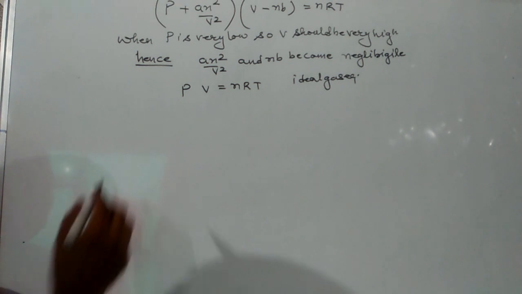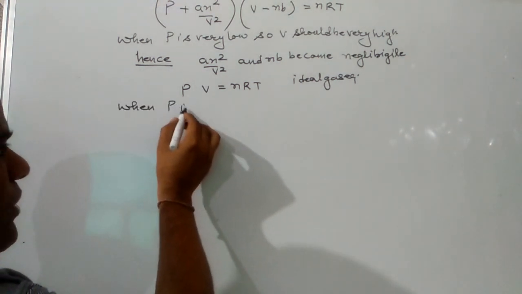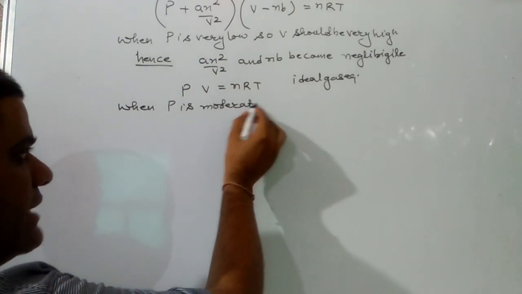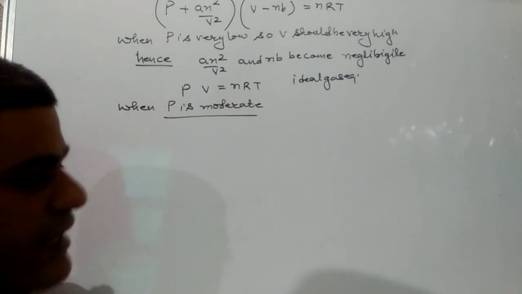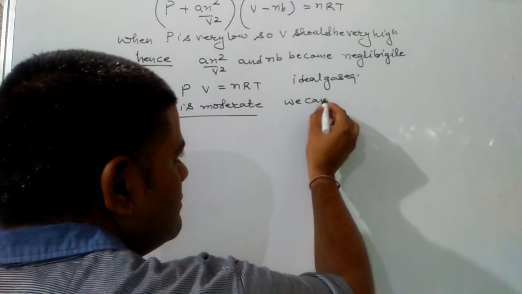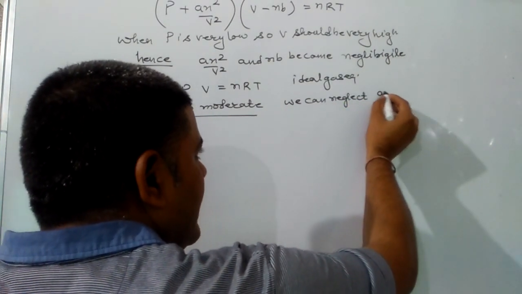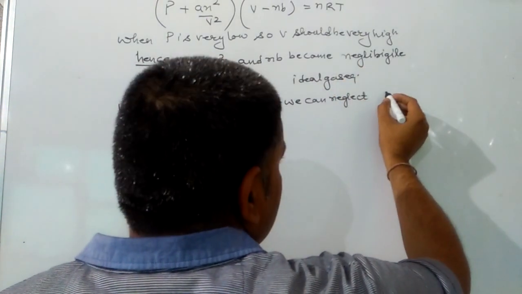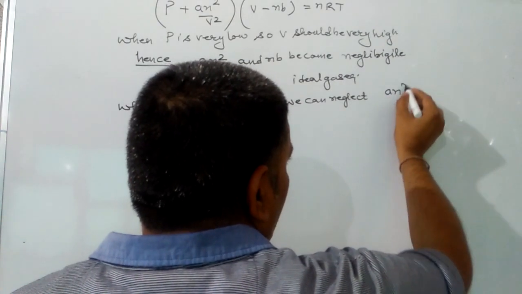Next case may be when pressure is moderate. When pressure is moderate, then we can neglect an square over V square.